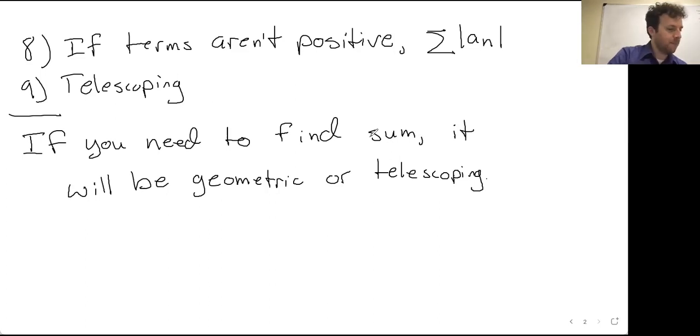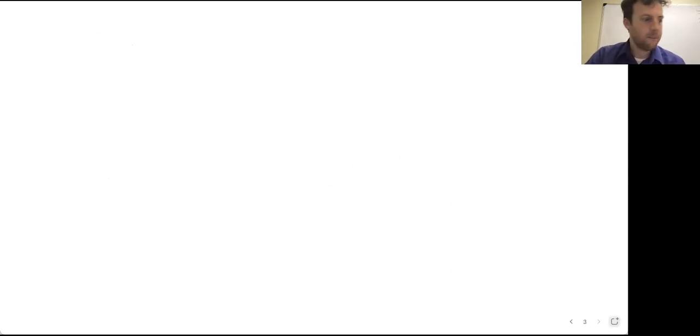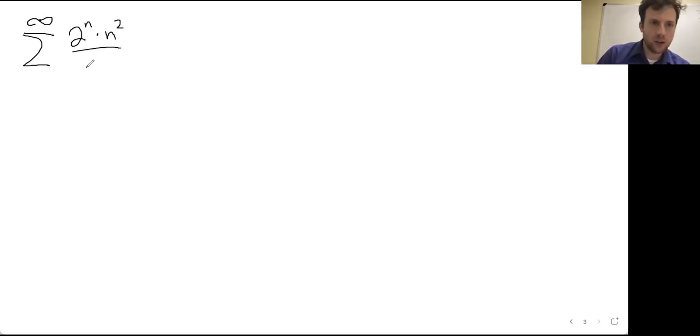Okay, so now let's get into some of these examples. So the first one was 2 to the n times n squared over n plus 2 factorial. And this first batch will be check if they converge or diverge.